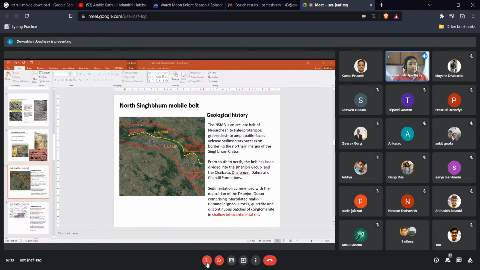So the shear zone that marks or passes close to the boundary between the Singhbum Craton and the North Singhbum Mobile Belt is called the Singhbum Shear Zone, SSZ. Now, the Singhbum Shear Zone is an arcuate zone, and it's fairly well known in geological literature because this is the location of very important mineralization, especially of uranium.